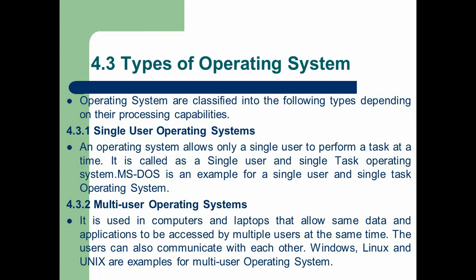This is the older version of operating system, and nowadays the Windows, Linux, Unix we use are multi-user operating systems. In MS-DOS only a single user can access the operating system at a time, but in multi-user operating systems like Windows, Linux, Unix, many users can access a single operating system at a time.